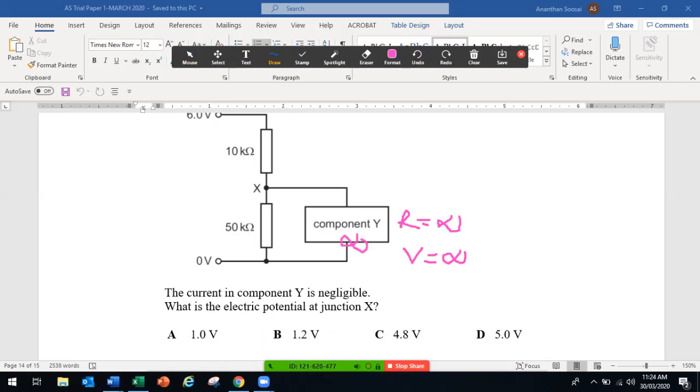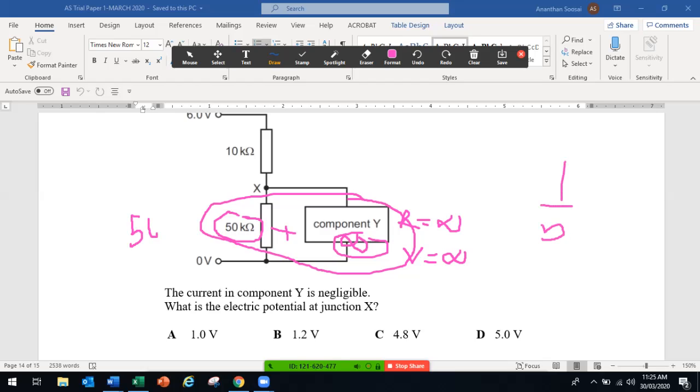If you have infinite resistance here, connected in parallel with the 50 ohm, the effective resistance is going to be how much? 1 over 50 plus 1 over infinite. 1 over infinite is like 0.